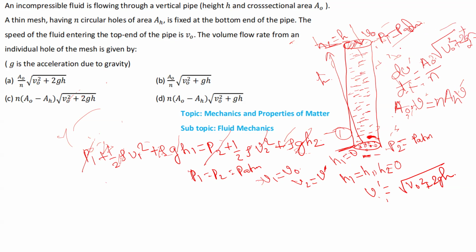So the volumetric flow rate from an individual mesh hole will be given by this option. So option A of your problem is our correct answer, right? Hope it is clear to everyone. So thanks a lot.